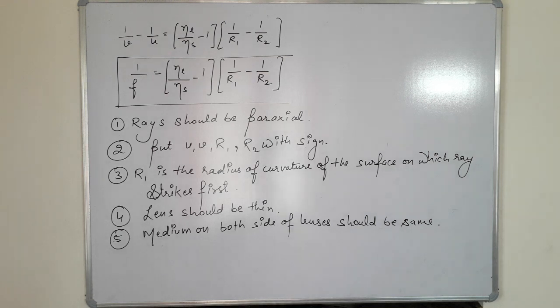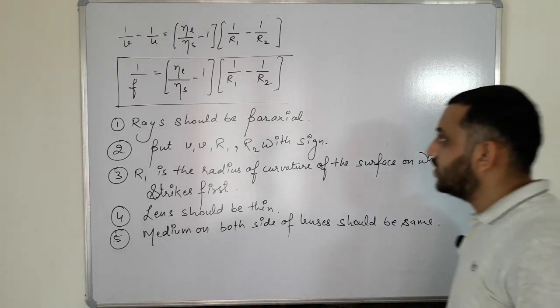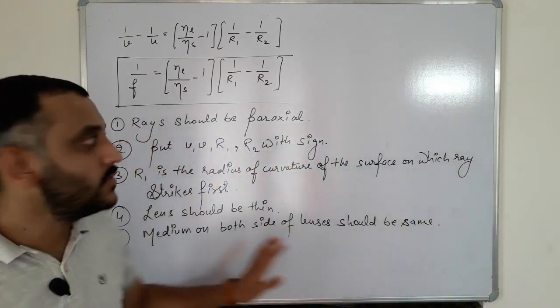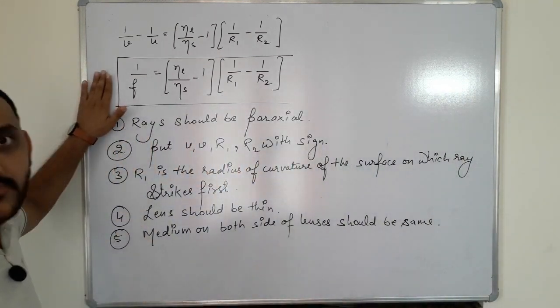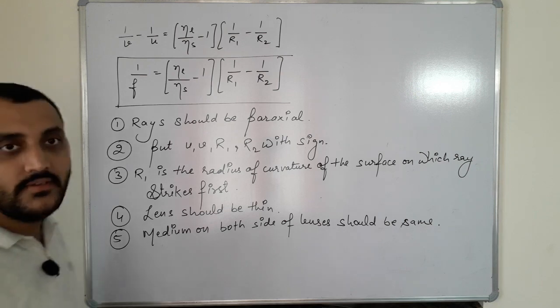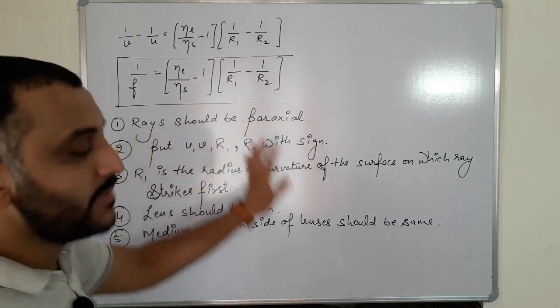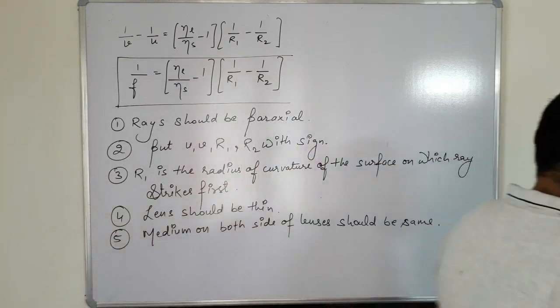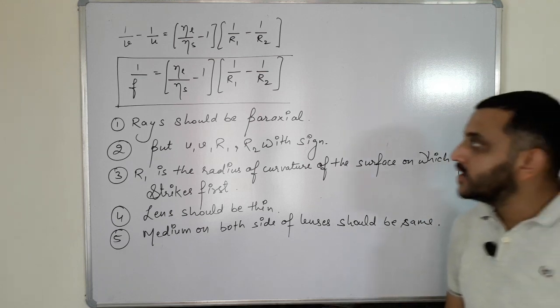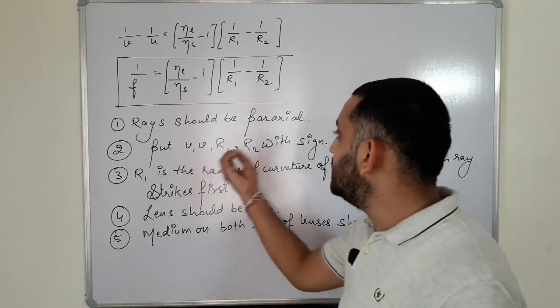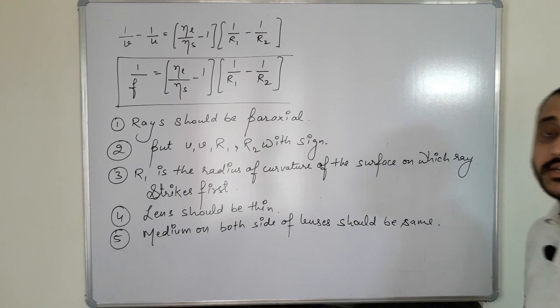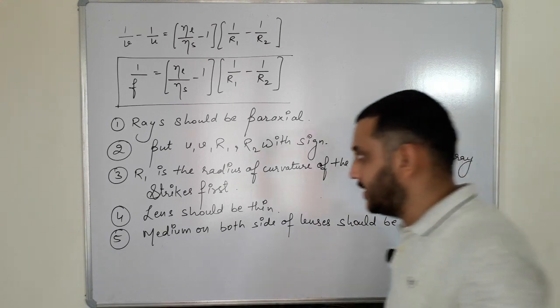Okay, so these are some of the points which you must remember, or which you must know, that this lens maker formula is only valid when the rays are paraxial. We all know what paraxial rays are, okay. And all these things, U, V, R1, R2, must be put with sign.